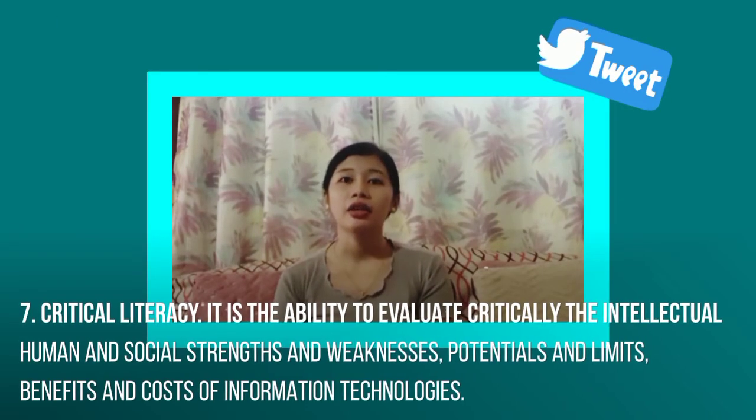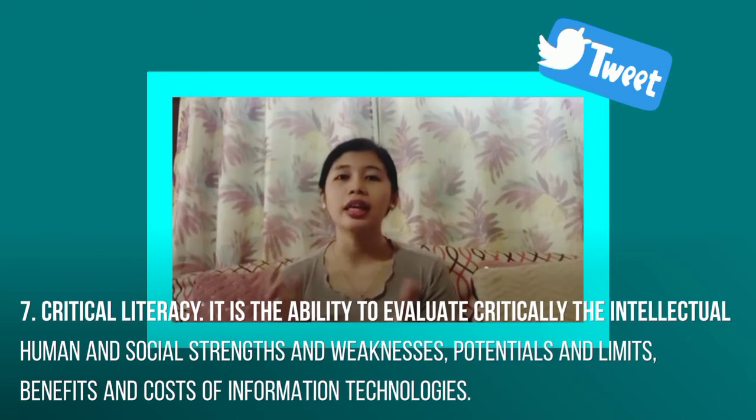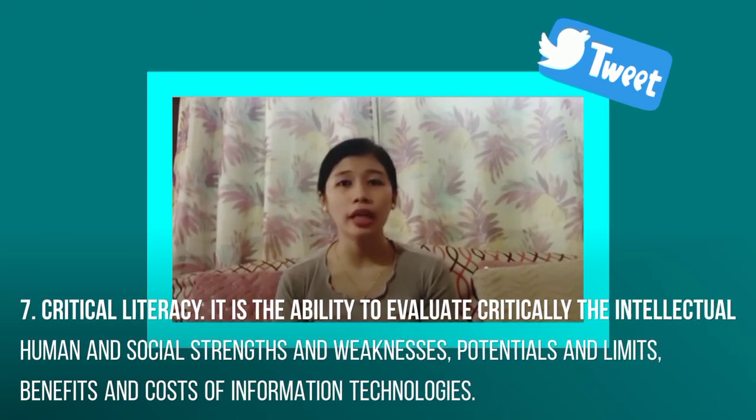It is the ability to adapt, understand, evaluate, and use emerging innovations in information technology. And the last is critical literacy. It is the ability to evaluate critically the intellectual and human social strengths and weaknesses, potentials and limits, benefits and costs of information technologies.